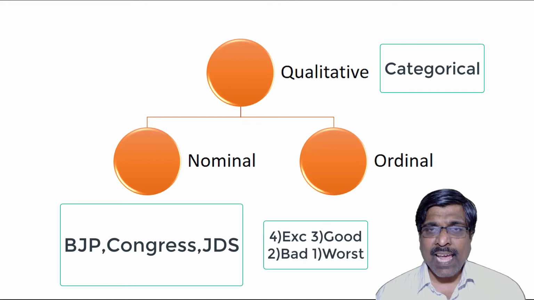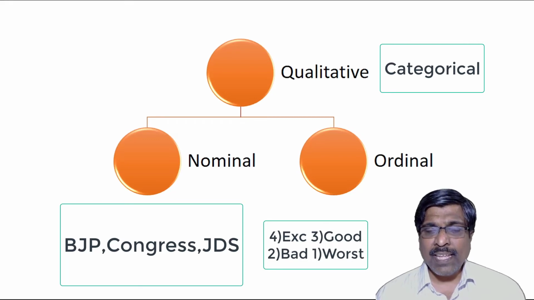So excellent can have a numerical value 4, good can have a numerical value 3, bad can have a numerical value 2 and worst can have a numerical value 1. Here the number signifies the satisfaction level the customer is trying to portray.